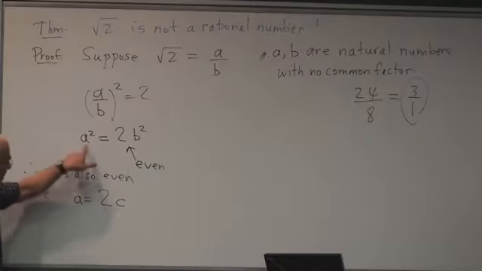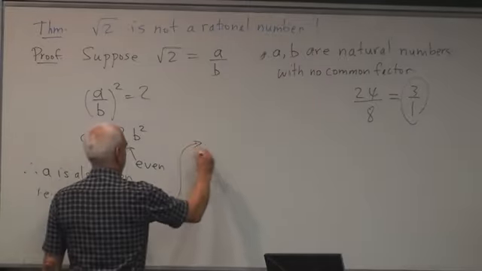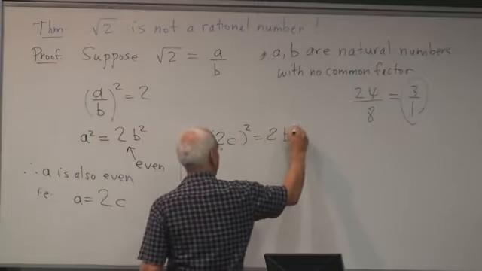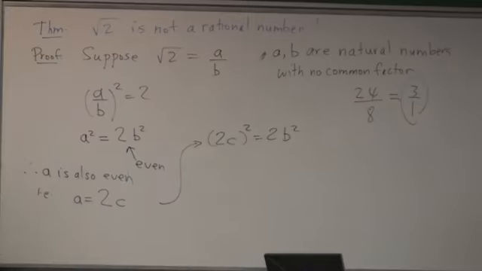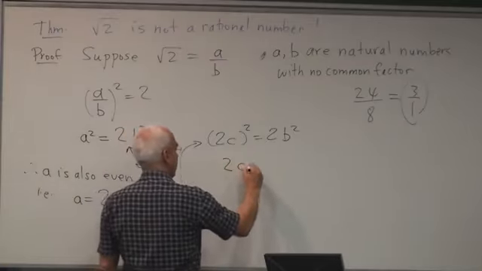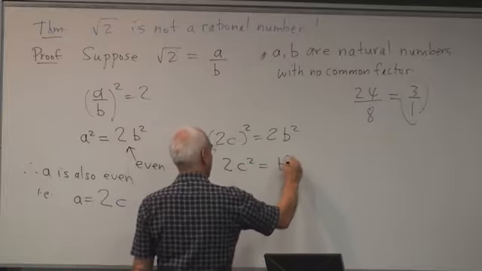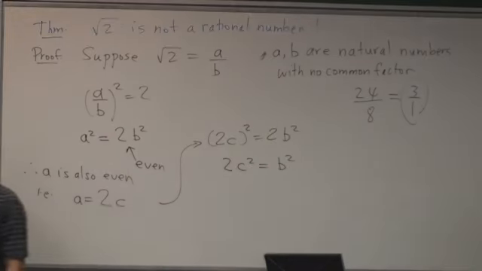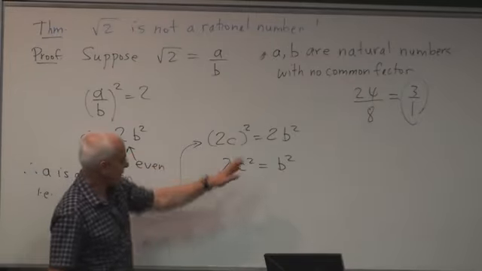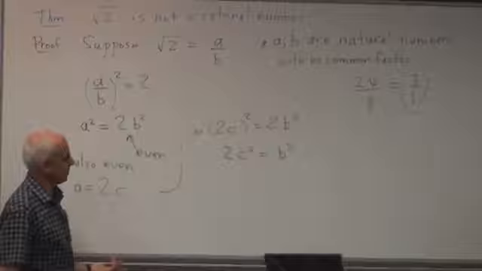All right, now we're going to plug that back in here. Now we get (2c) squared equals 2b squared. And when we expand this out and divide by 2, we get 2c squared equals b squared, because there was a 4 and a 2, and the 2s cancel, so we have a 2 on this side.